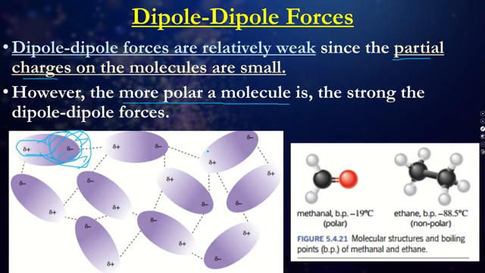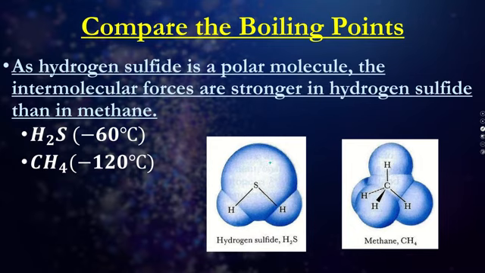Let's try and compare the boiling points. You have methanol, which is polar and has a dipole moment, and then you have ethane, which is nonpolar. You can see there is a gap in their boiling points. The nonpolar one is a lot lower in boiling point. You can then compare the structures here.